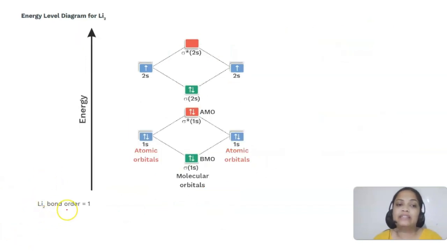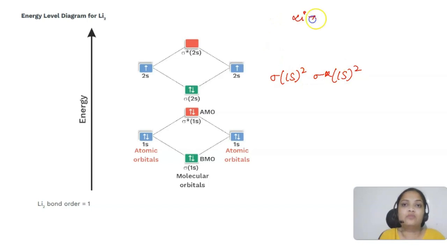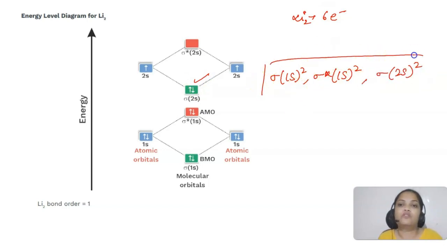Same goes for lithium 2. So again the configuration is sigma 1s2, sigma star 1s2. Now how many electrons for lithium? 2, total 6 electrons. So now the next 2 electrons will go to the sigma 2s2. So this is the configuration.